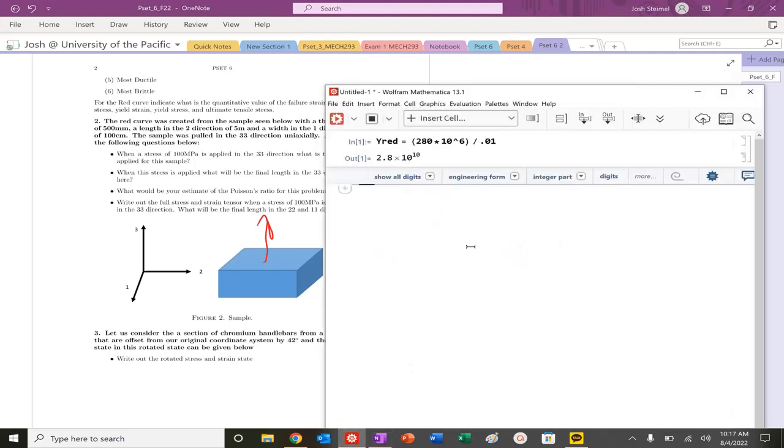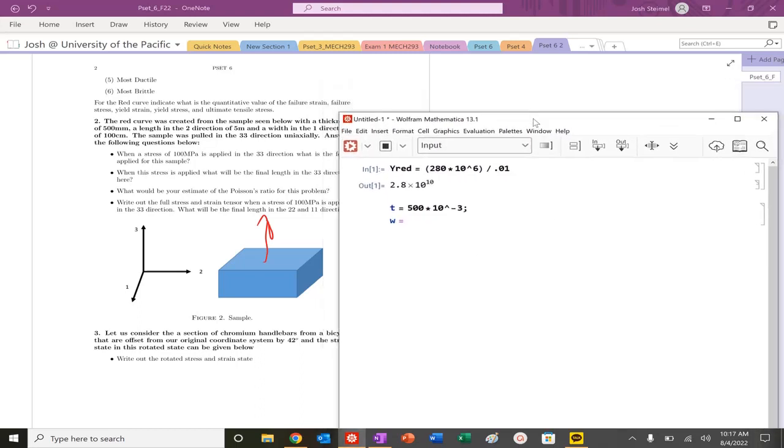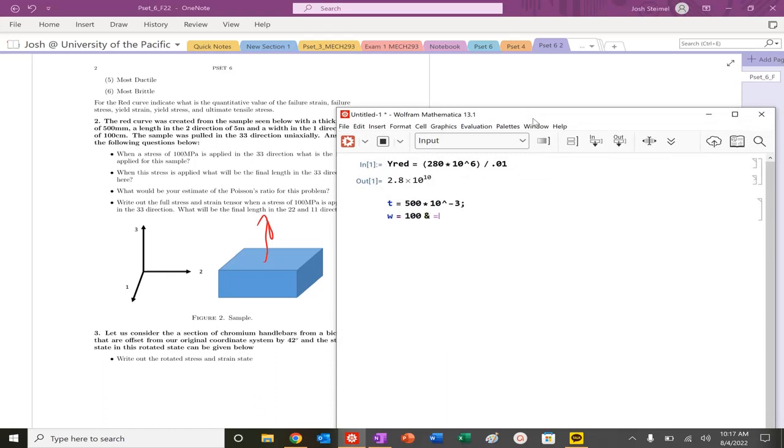I'm told that my thickness is equal to 500 millimeters, my width in the 1 direction is 100 centimeters, and the length in the 2 direction is 5 meters.